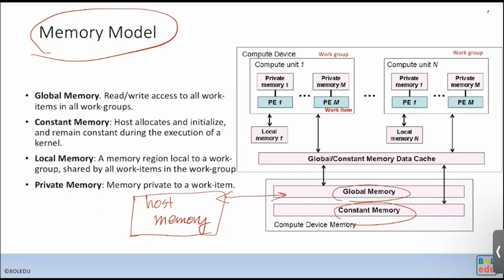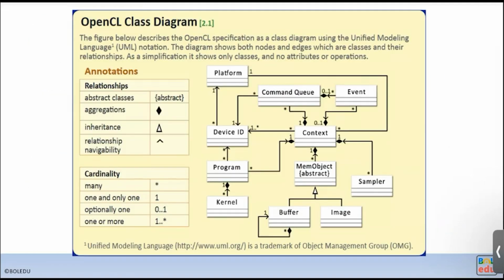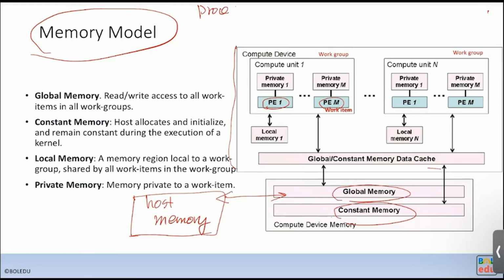Inside the compute device, there are different memory hierarchies. The closer to the execution, the processing element, the faster the memory. And inside the compute device, you have a so-called work group.